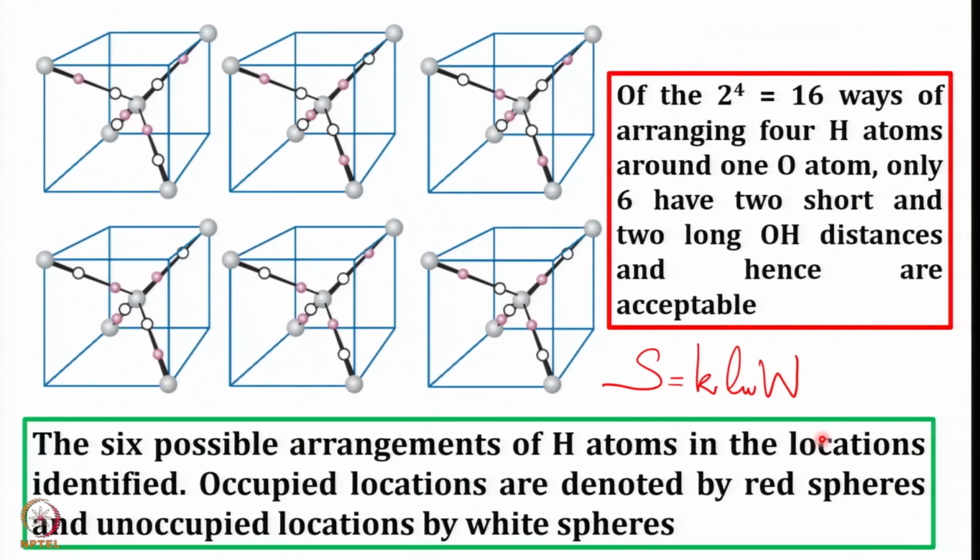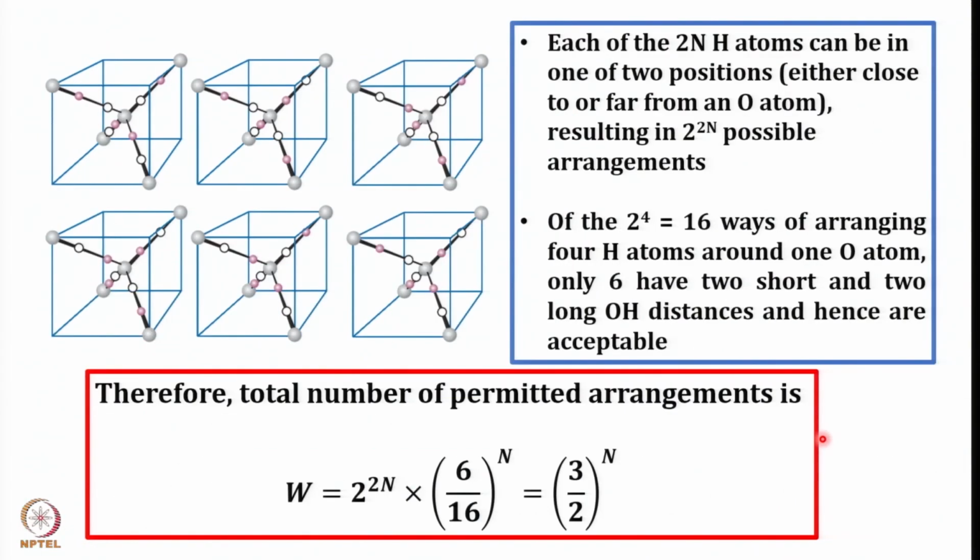So what should be the value of W? 2 raised to the power 2n possible arrangements, and then we have to worry about arranging 4 hydrogen atoms around 1 oxygen atom. Out of the 16 ways of arranging, only 6 are possible. This is for 1 water molecule; for n water molecules, it is raised to the power n. The overall weight of a configuration is the product.